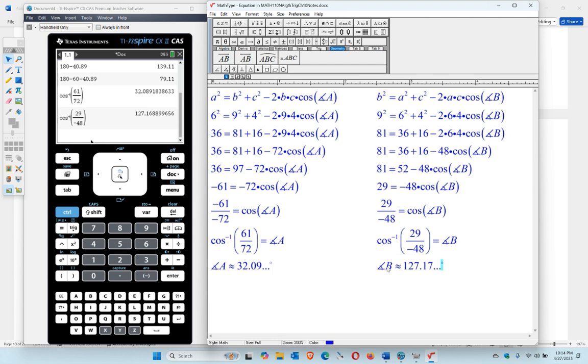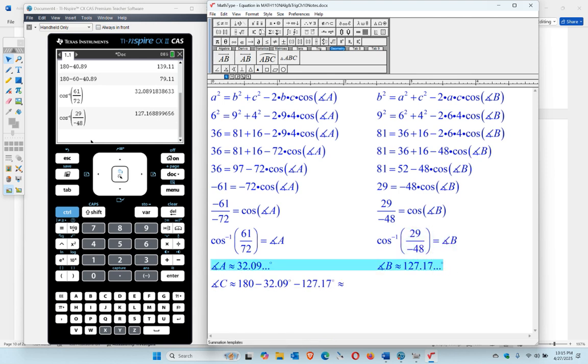Okay, so then we can get C from that, right? If I copy this, we don't need to do law of cosines again because we have two of the angles. C is 180 minus each of these answers. Okay, so these are done.